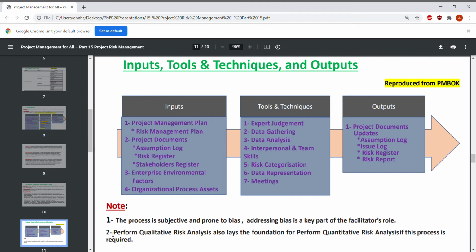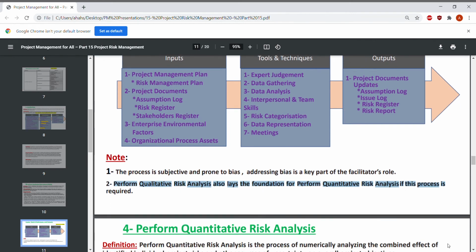The perform qualitative risk analysis lays the foundation for the next process, which is perform quantitative risk analysis, if this process is required, because sometimes it's not required.